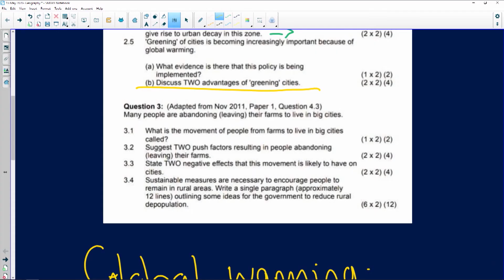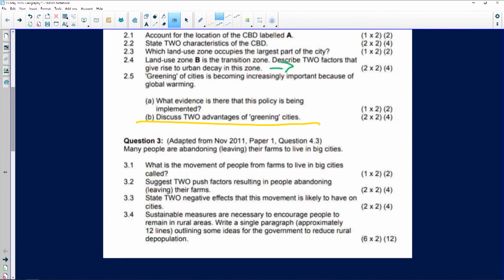Now, what do we know about farms? We know, first of all, it's a rural settlement. And then we know our rural settlements focus on primary activities. The primary activities are mainly farming, fishing, forestry, and mining. Now, it's mostly primary activities taking place.